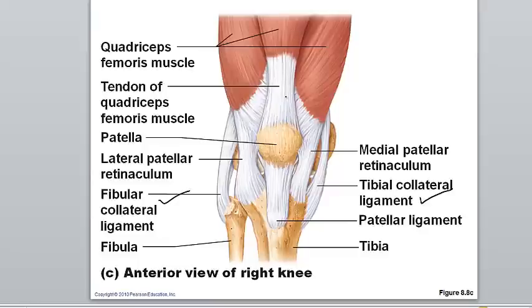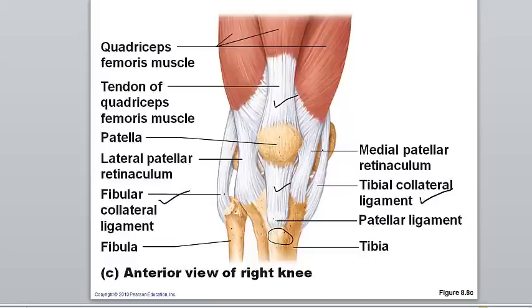From your quadriceps muscle, the tendon of the quadriceps femoris attaches to the patella. From the patella, your patellar ligament attaches to the tibial tuberosity. So when you move your quadriceps, you're going to move your tibia because of how it is attached.